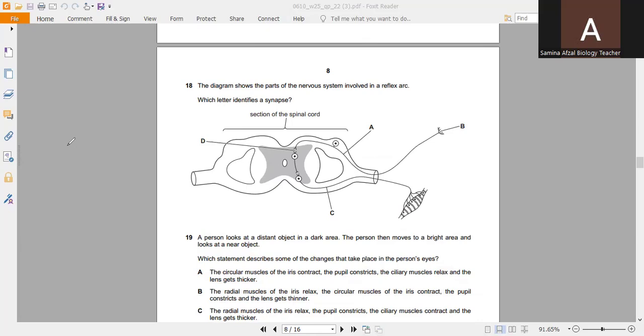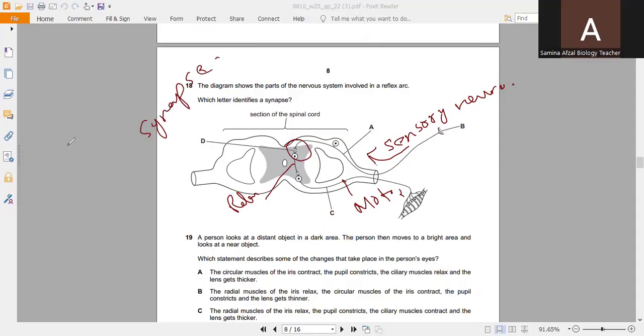So here you can see the sensory neuron, and the gap is between the relay and motor neuron. So the gap between them is the synapse.